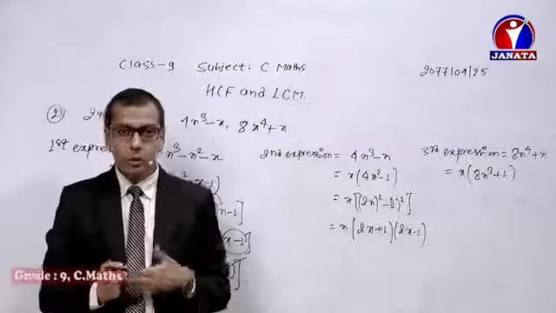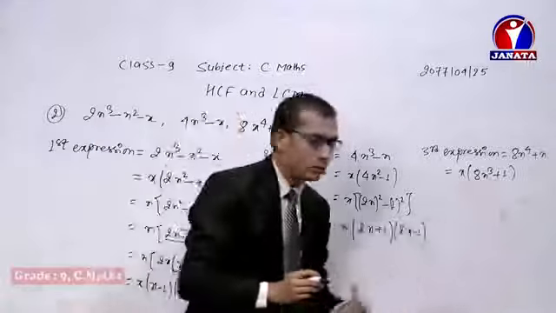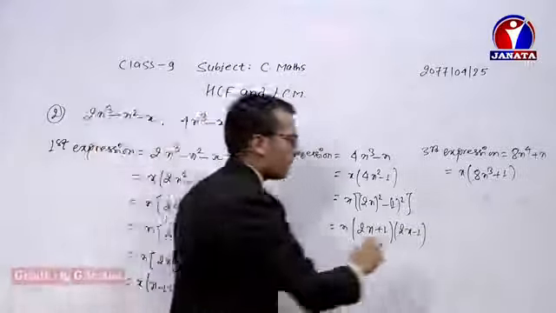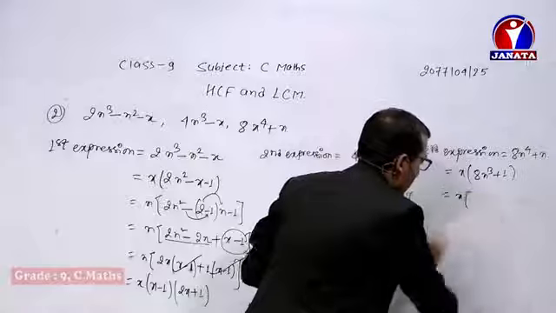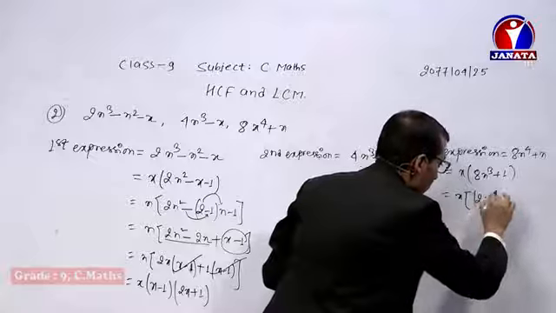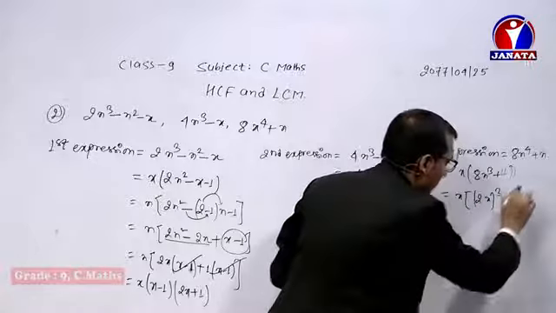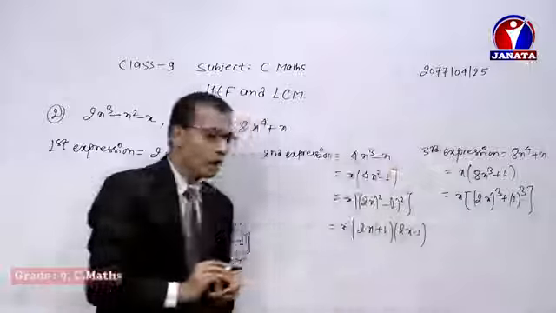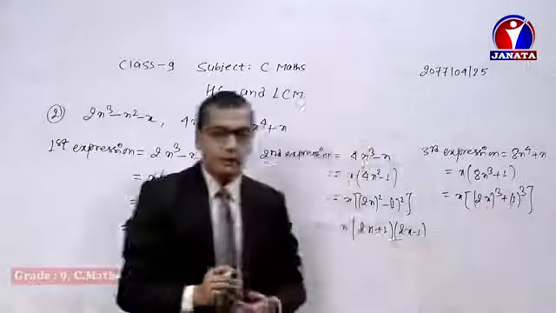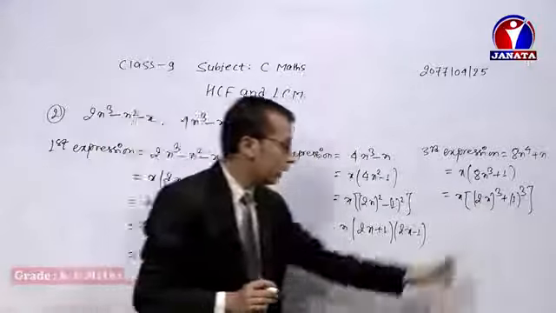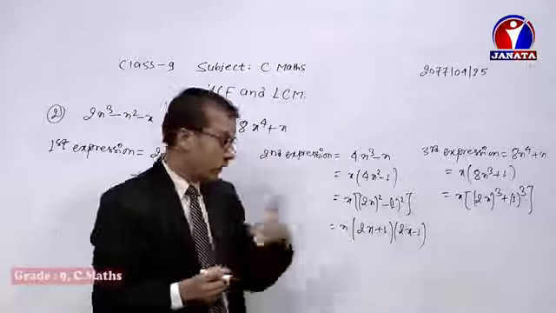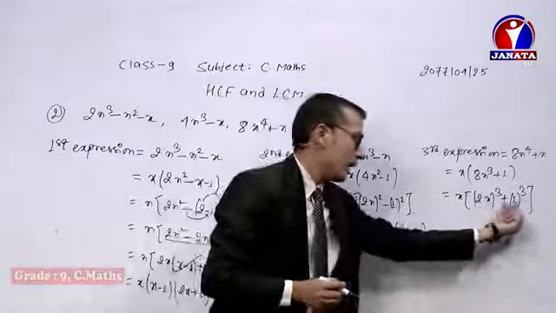Now let's try to convert this into a cube plus b cube form. This is possible. So x times 8x cube is 2x whole cube, plus we can rewrite 1 as 1 cube. We know there are two factors of a cube plus b cube. To convert this into a cube plus b cube form, we need to know that a is 2x and b is 1.